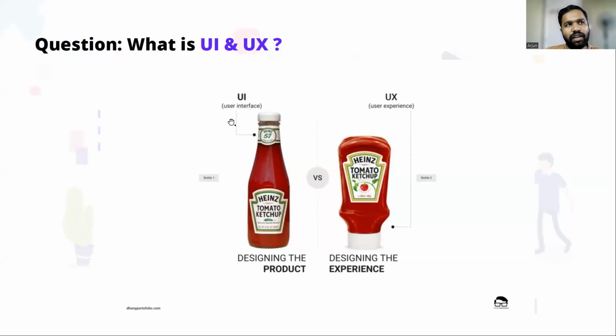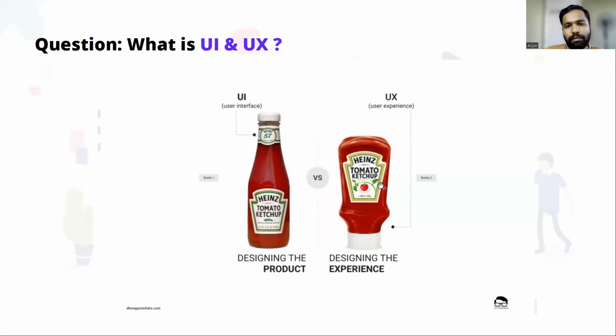They found that this gives a bad user experience. Of course, when the bottle is full, it is very easy for the ketchup to pour onto the food, but as the bottle becomes more and more empty, it becomes very difficult for the person to get the ketchup out of the bottle.